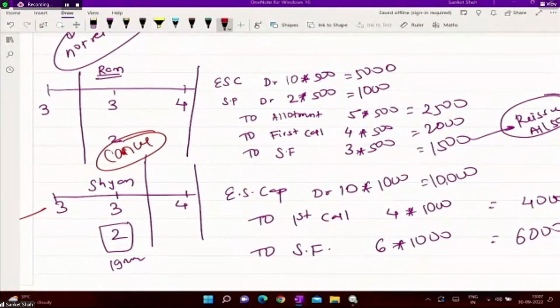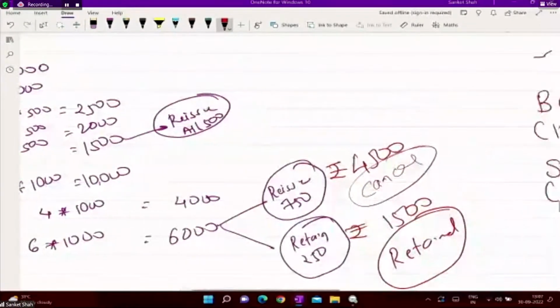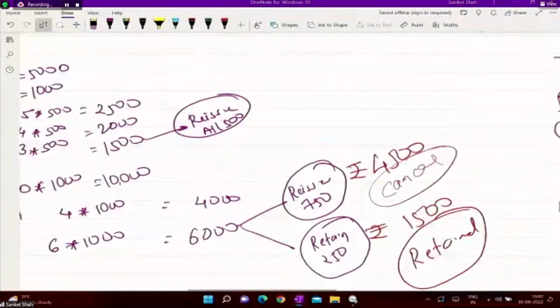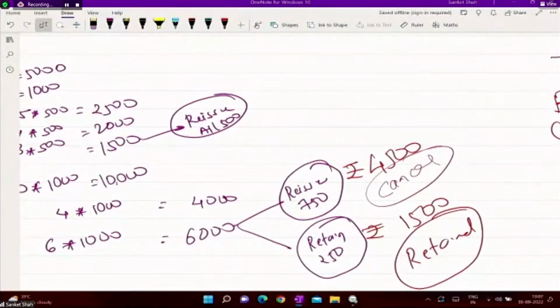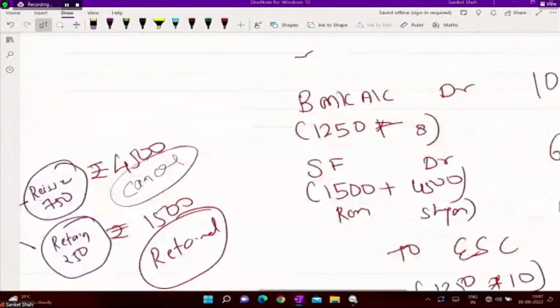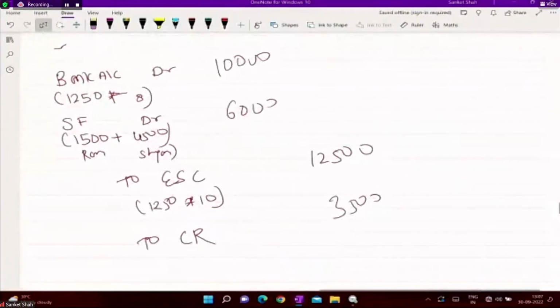So securities premium is debited for Ram, and ignored for Sham. Then this 6,000 we have divided in two parts: 1,500 retained and 4,500 reissued, only 750 of Sham's shares are reissued. 1,250 total reissued: all of Ram's, and 750 of Sham's. It will be confusing, you will have to watch the lecture again and again.